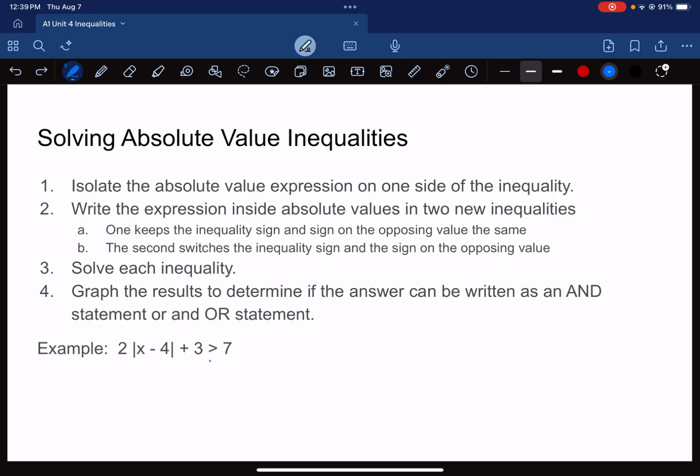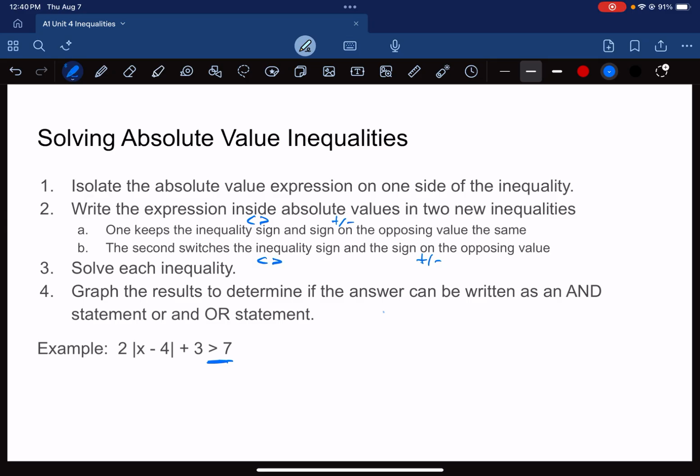One keeps the inequality sign and the sign on the opposing value the same. So they keep these 2 pieces the same. And the second one switches the inequality sign and the sign on the opposing value. So it's going to make the opposing value the opposite sign, like positive, negative. So this is switching positive and negative, okay, right here. And this is switching the inequality symbol, okay?